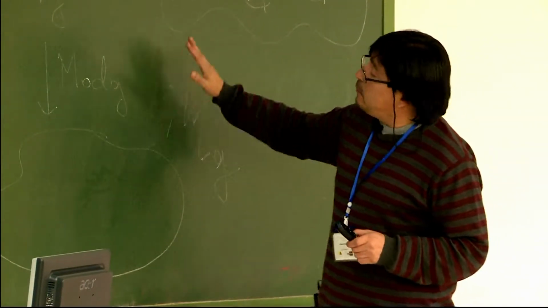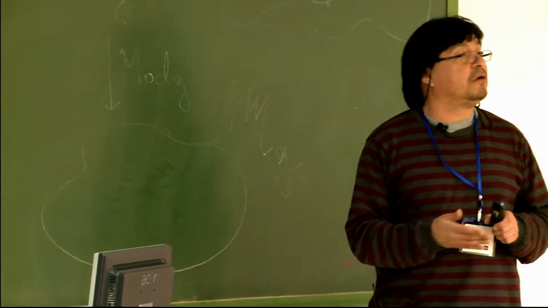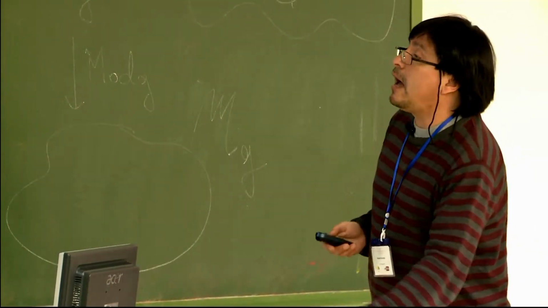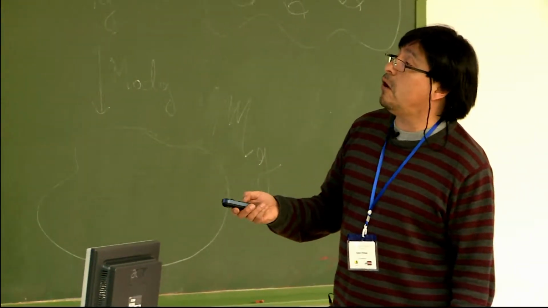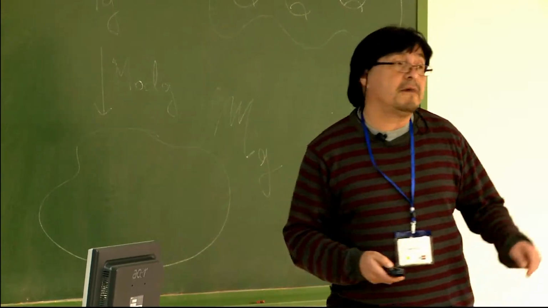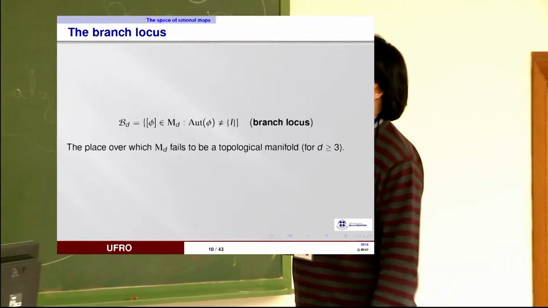But anyway, there is a locus of Riemann surfaces admitting many automorphisms. And in rational maps, we have the same: the locus of rational maps which admit holomorphic automorphisms.